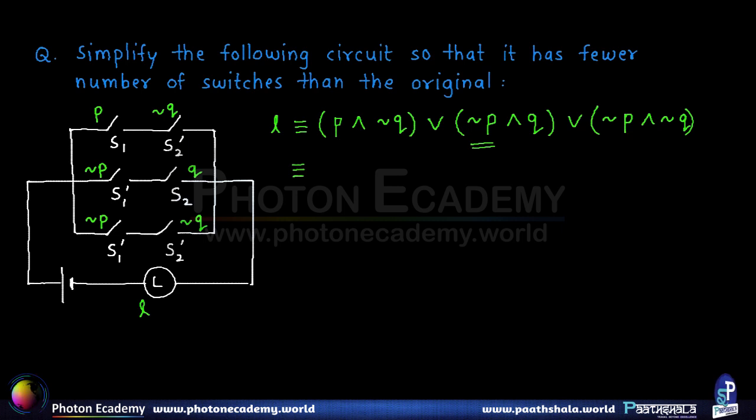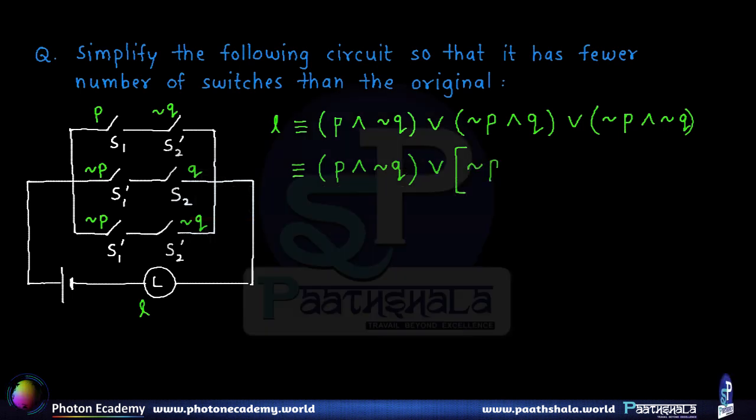So it's like we are applying the reverse of the distributive law, right? So first bracket remains as it is, that is P and negation Q, or now from the remaining 2 we take negation P common, and inside what remains is Q and negation Q. So therefore it will be Q or negation Q.